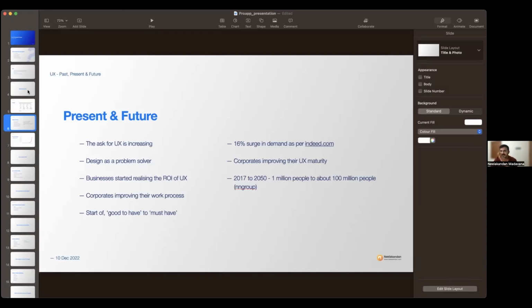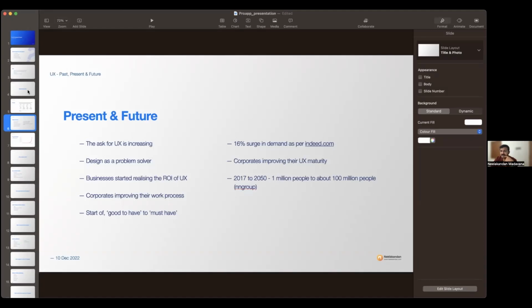It has started to shift into that. And when you look into the job market, this also gives you an insight into how important user experience design is to each and every firm, each and every company, corporate sector, or whatever it is.